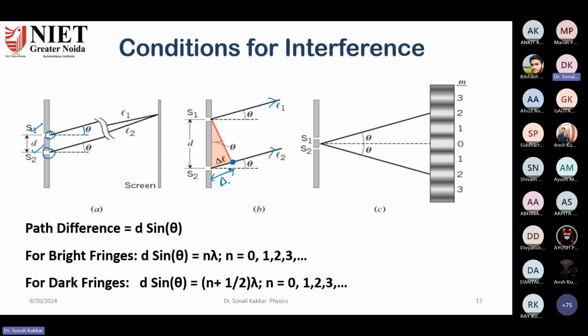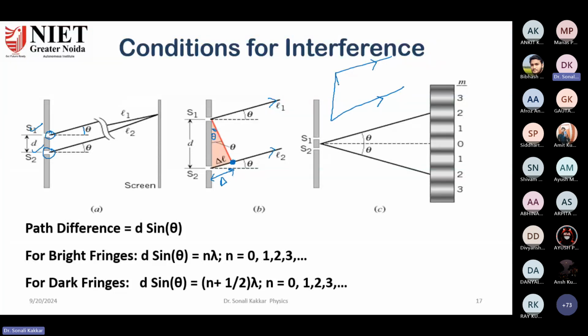So how will this delta be calculated? In this triangle, this angle is also theta. How? Okay, I'll draw it here with the help of trigonometry. This is the first ray and this is the second ray.